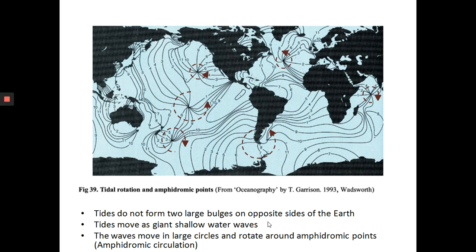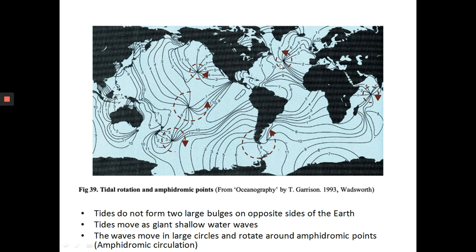But what you get are tides which are moving as giant waves. These are shallow water waves. They're so large that everything is now above wave base. So they move as giant shallow water waves, and the water moves in large circles and rotates around these points, which are called amphidromic points.